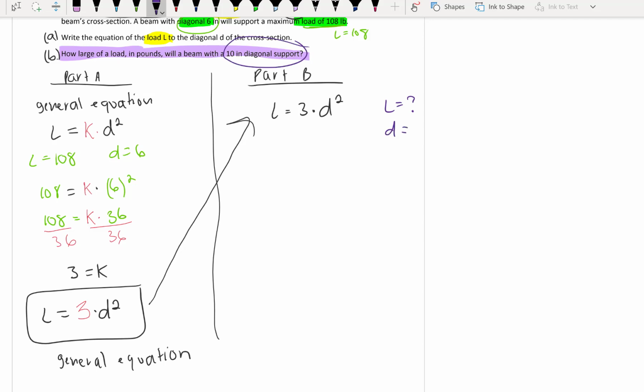So here the diagonal is equal to 10. So L is equal to 3 times my 10 being squared. So L is equal to 3 times 100. So L is equal to 300. So it's 300 pounds.